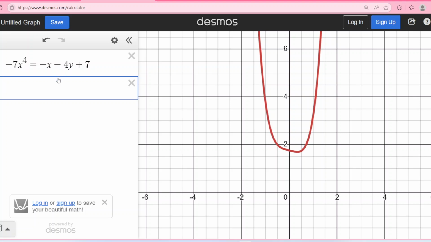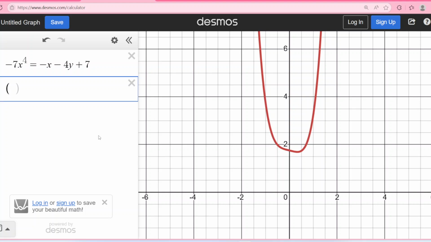Earlier I could have solved for y, but let's just leave it the way they gave us. Now I'm going to put in our parametric equations. Both x and y depend on this parameter t, and we'll see how it traces out this same curve that we're looking at right now. To put in parametric equations in Desmos, you have to enter it as an ordered pair.